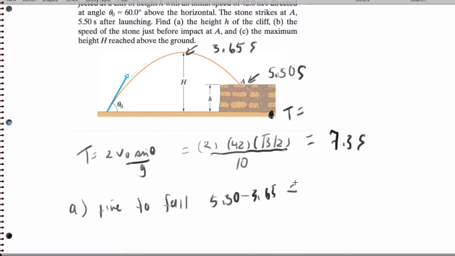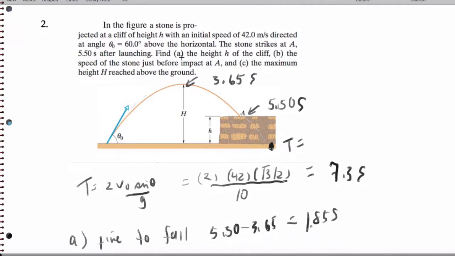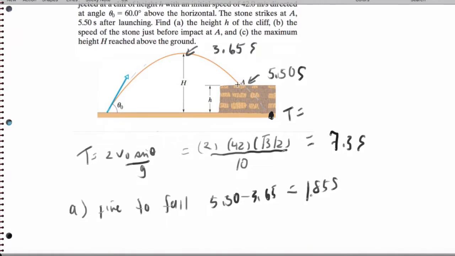So it's going to take about, I believe, 1.86 seconds. Let me just calculate that one. So 5.5 minus 3.65 is 1.85 seconds to fall from the top all the way to this point A.